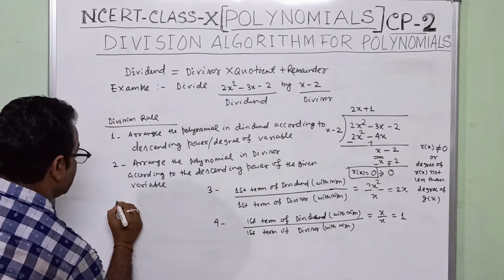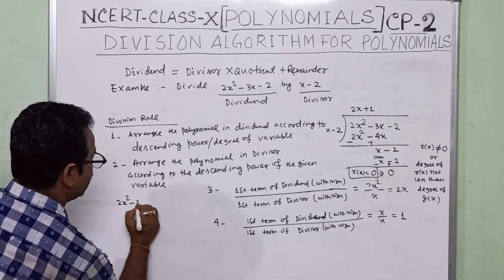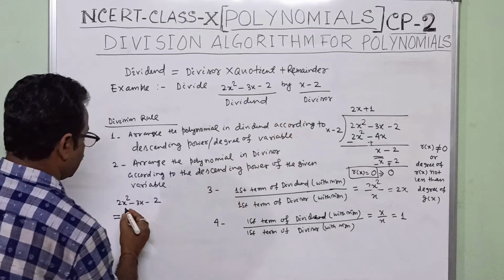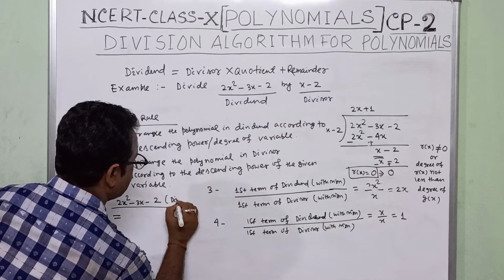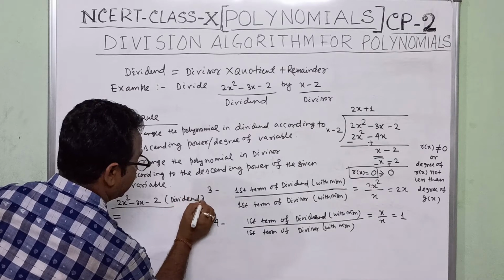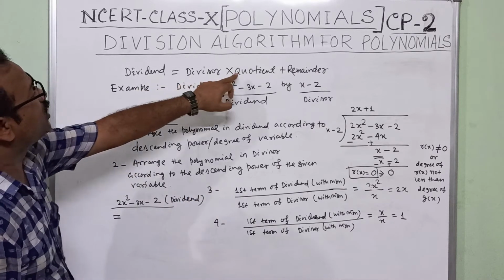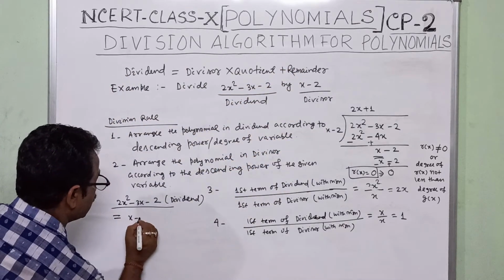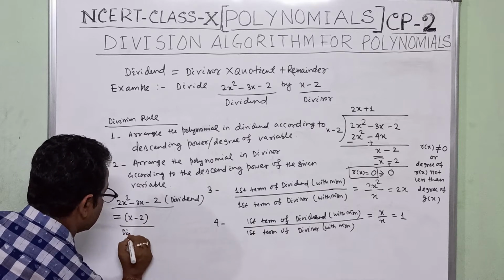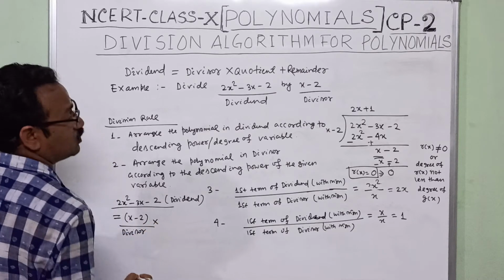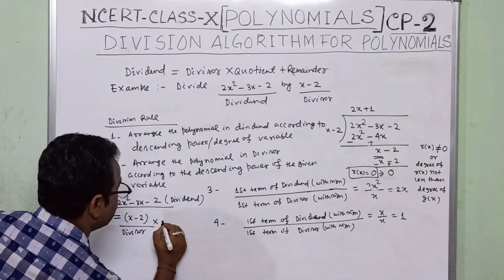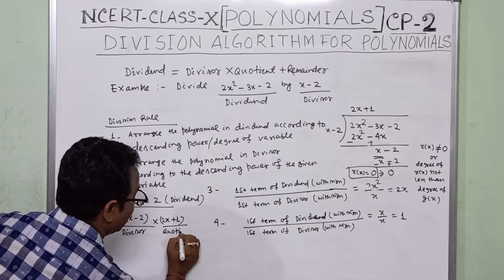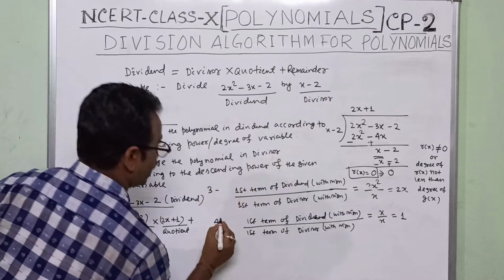Now I can write 2x square minus 3x minus 2 is equal to what? This is your dividend. Dividend is equal to divisor into quotient plus remainder. The divisor is x minus 2, into quotient 2x plus 1, plus remainder 0.